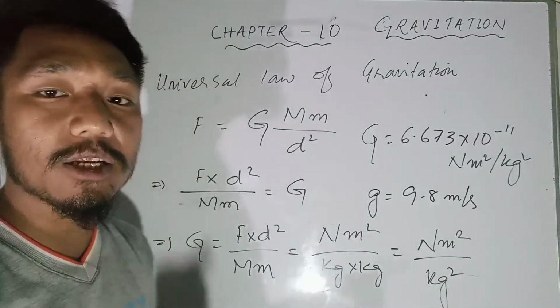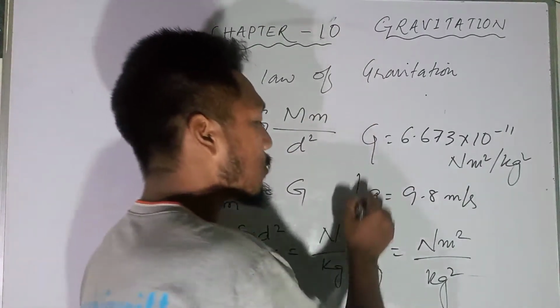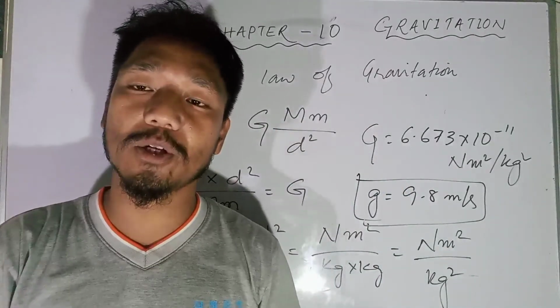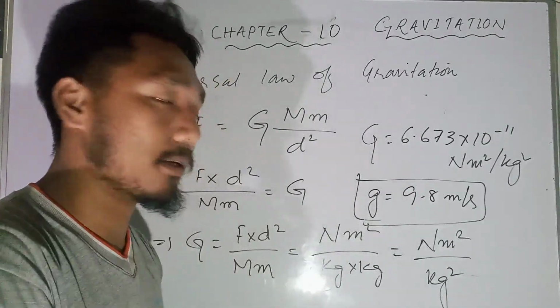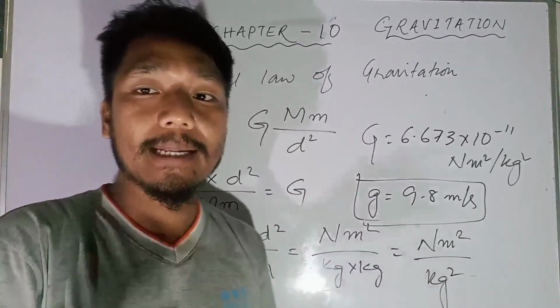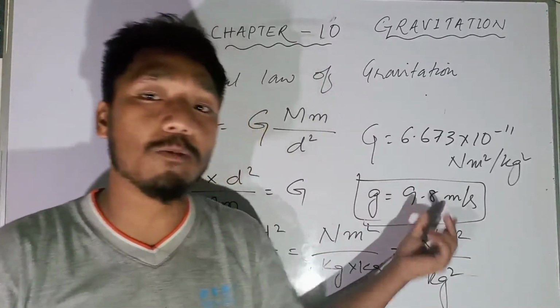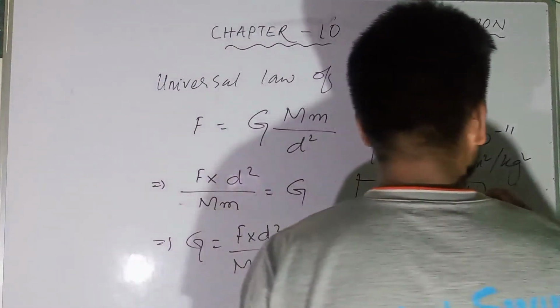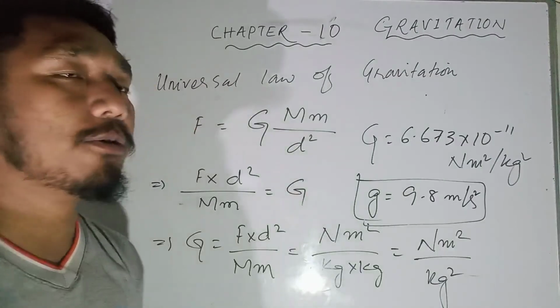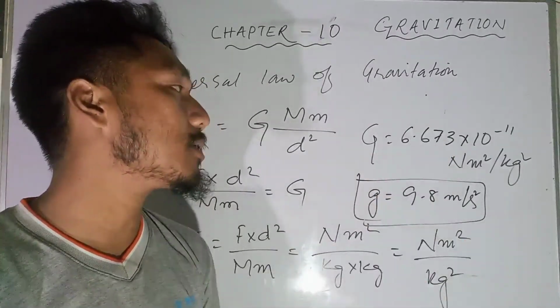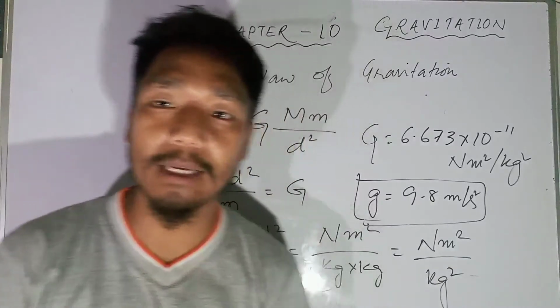This is the acceleration due to gravity. Don't get confused between small g and capital G. Capital G is the universal gravitational constant, and small g is the acceleration due to gravity, whose value is 9.8 meter per second squared, whereas the value of the universal gravitational constant is 6.673 into 10 to the power minus 11.